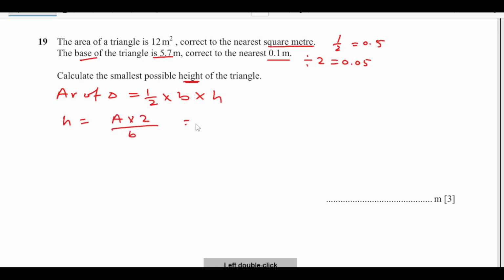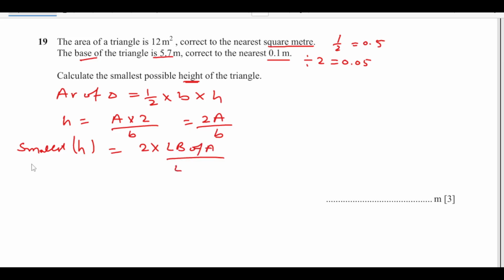So that means, let me write it down, 2 times area over base. So we are looking for the smallest h, right? Smallest h. To get the smallest value of the right hand side, we need to have the lower bound of area over the upper bound of base.